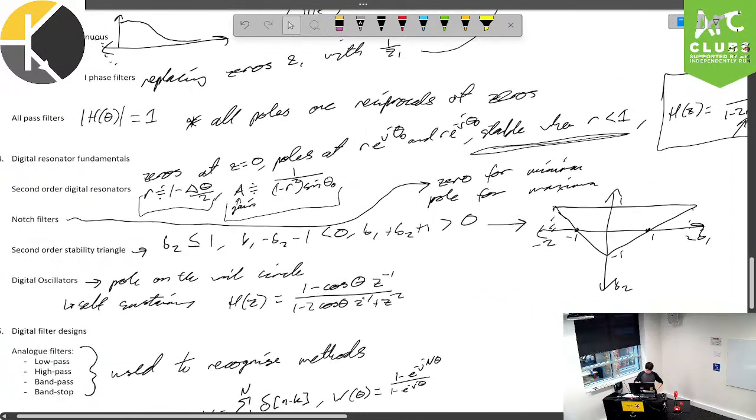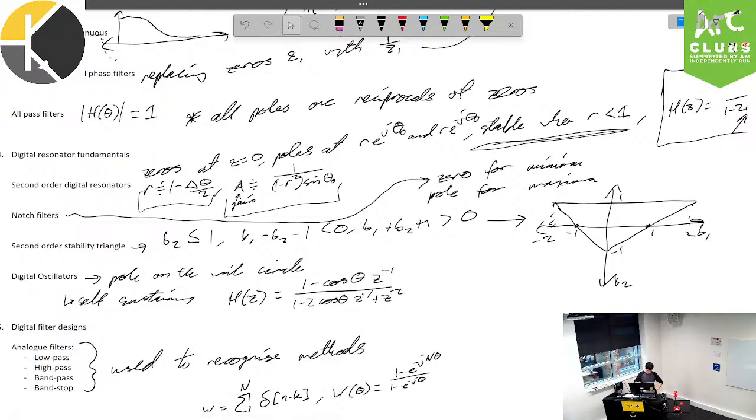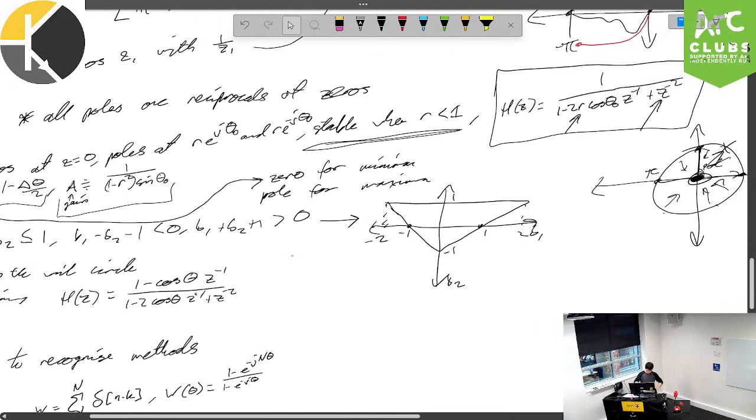All right, so moving forwards, we have the second order stability triangle. So just understanding that stability is where all of our poles of certain magnitudes lie within a certain unit circle, okay? And the condition for it lying within this unit circle is given by this triangle, okay?